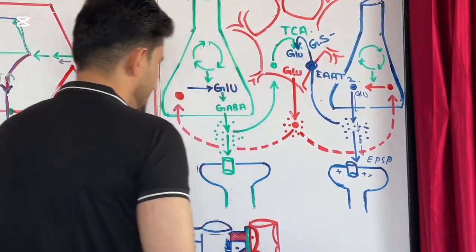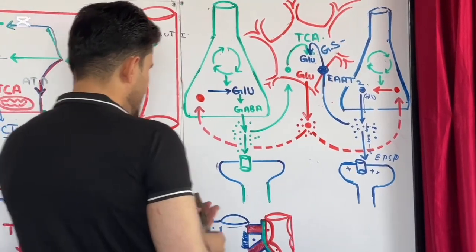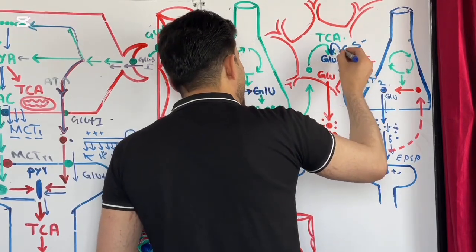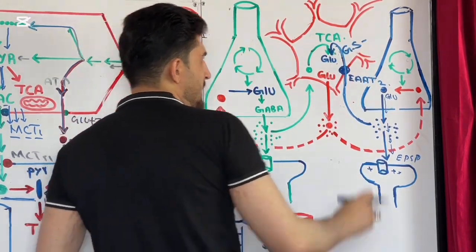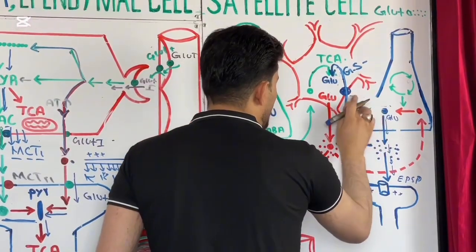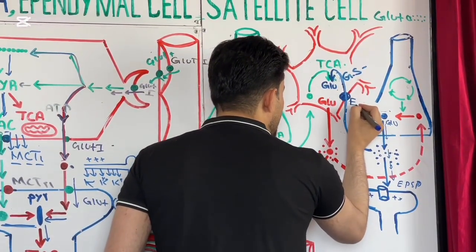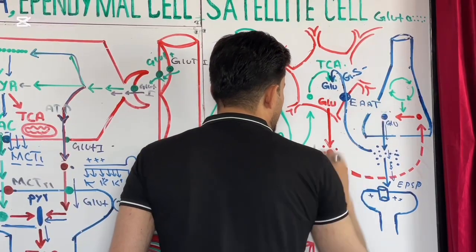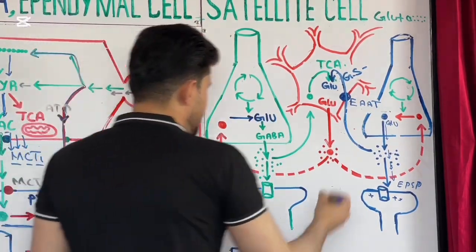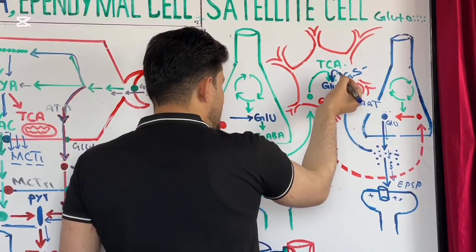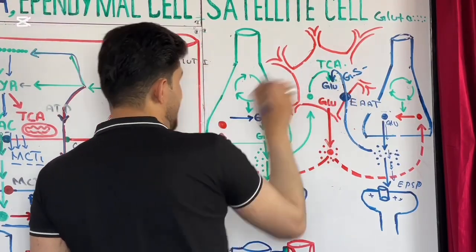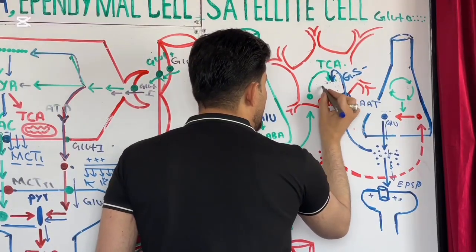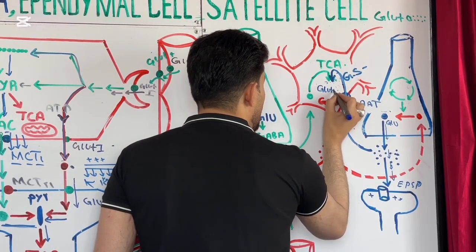So that's why here are astrocytes, and these astrocytes will take this glutamate inside faster, and this transporter here is called excitatory amino acid transporter, especially type 1. Then this glutamate inside the astrocyte will be converted to glutamine, okay.